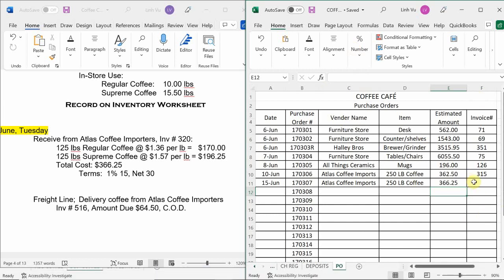Our only purchase order that we have open here is this one right here for a total of $166.25. There you go, it matches. So this was invoice number 320. Okay.